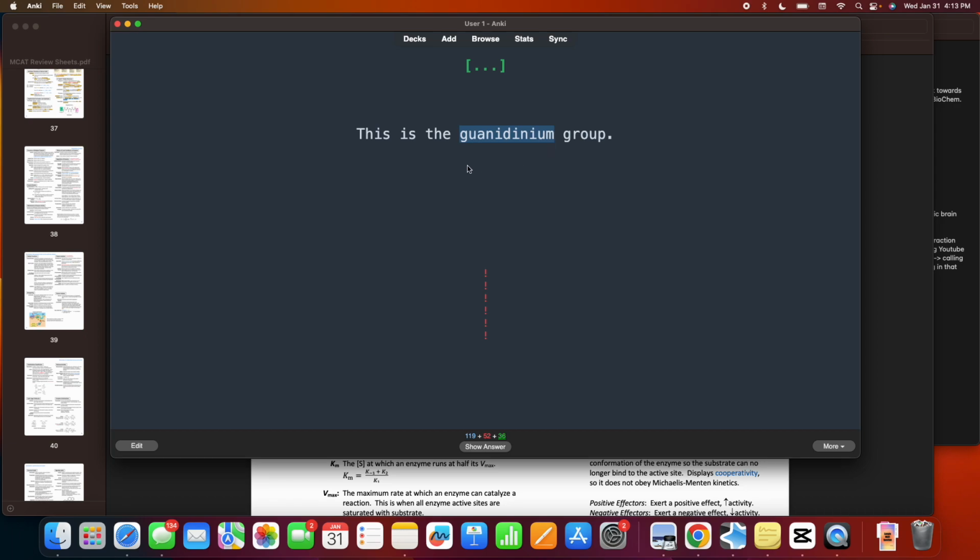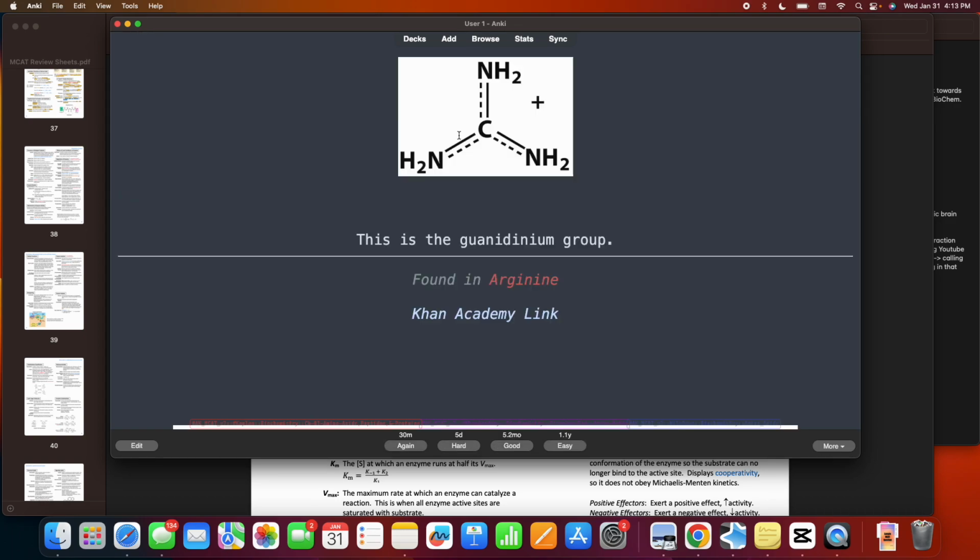We have an indole group, a guanidinium group, and another one. I think there's one that's with arginine. This is the one with arginine.